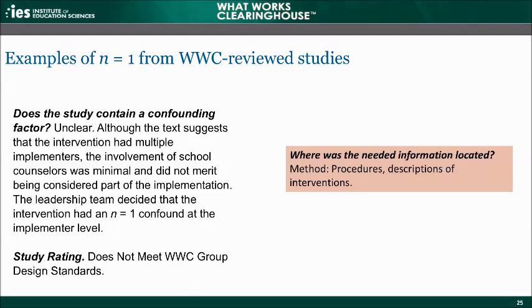The leadership team weighed in on the study review and decided that the intervention had an n equals 1 confound at the implementer level because the study only had one researcher who was the true implementer of the intervention. The counselors provided support, but were not the implementers. The study received the rating of does not meet the group design standards.